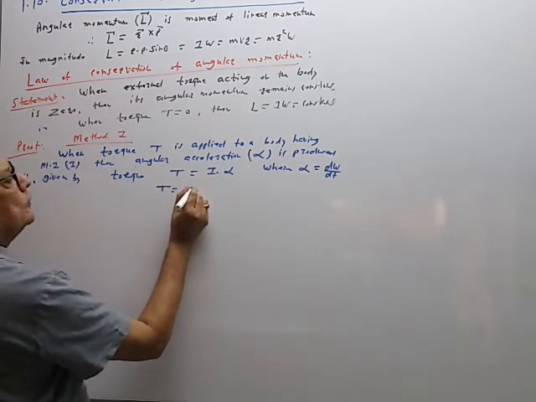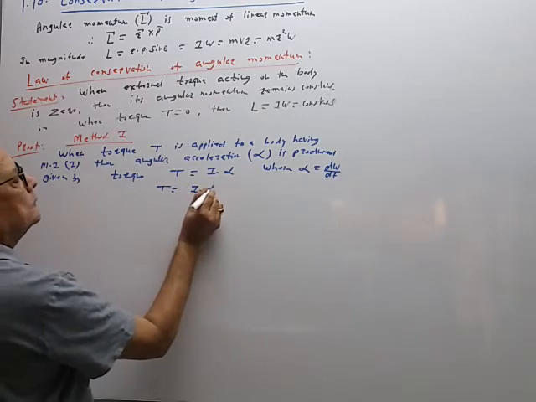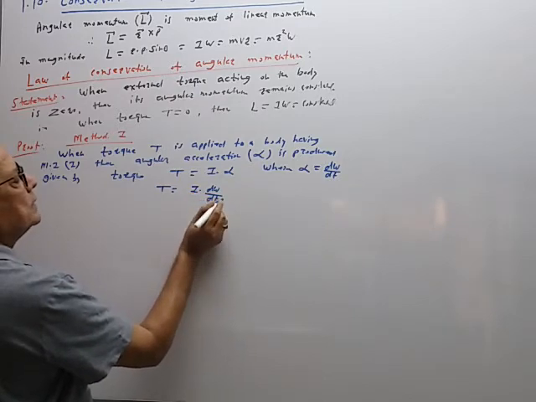Therefore, T is equal to I into d omega by dt.